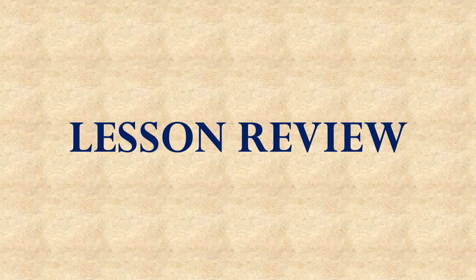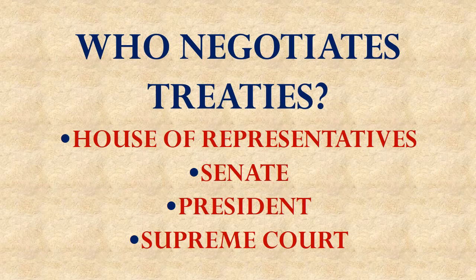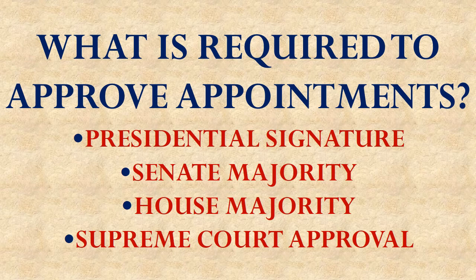So let's review what we learned in this lesson. Who negotiates treaties? Is it the House of Representatives, the United States Senate, the President of the United States, or the United States Supreme Court? It's the President of the United States that negotiates treaties. What is required to approve a presidential appointment?